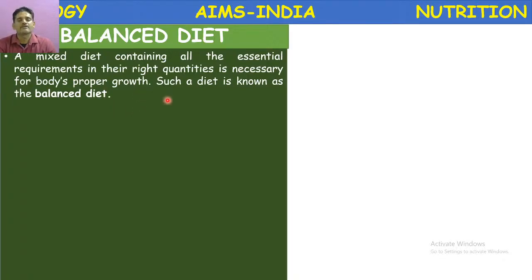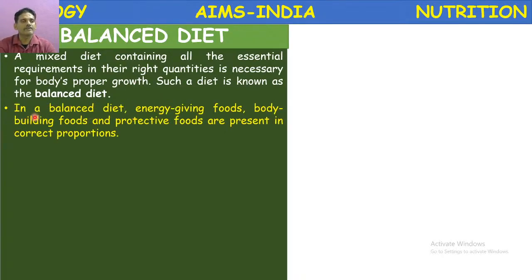What are the nutrients? Carbohydrates, proteins, fats, and vitamins, minerals, water, roughage. All these, it is called a balanced diet. In a balanced diet, all types of food materials are present.